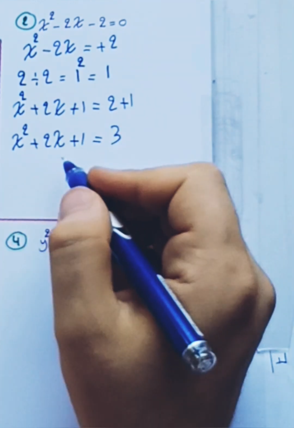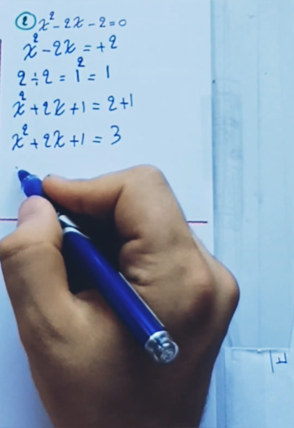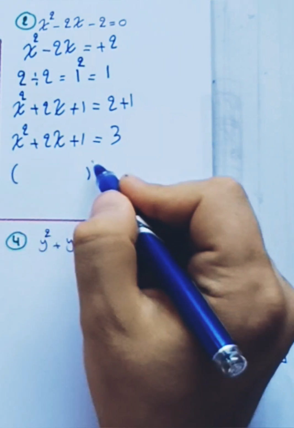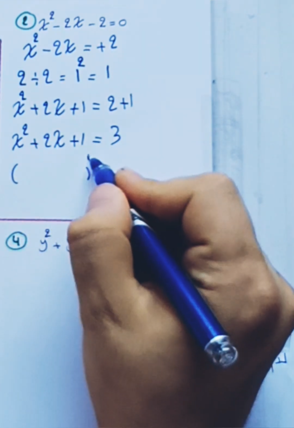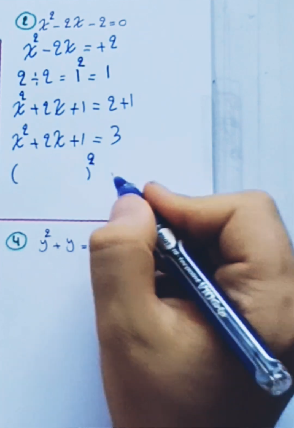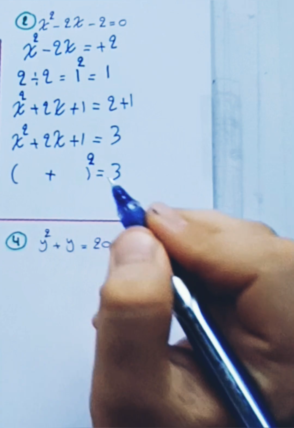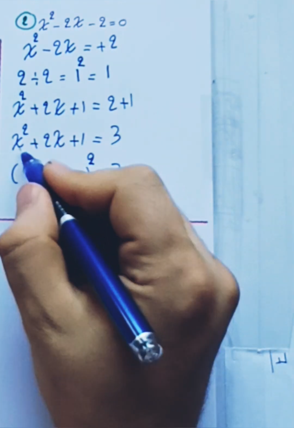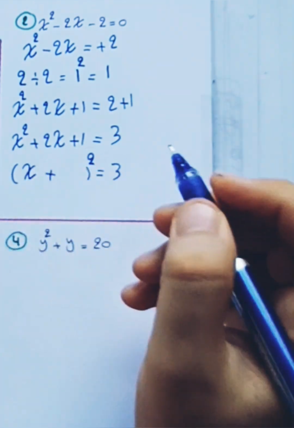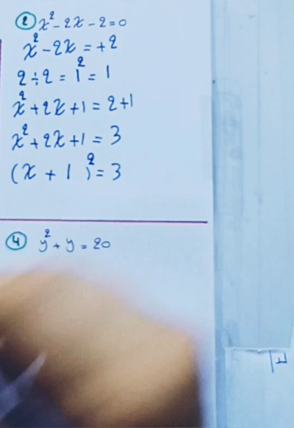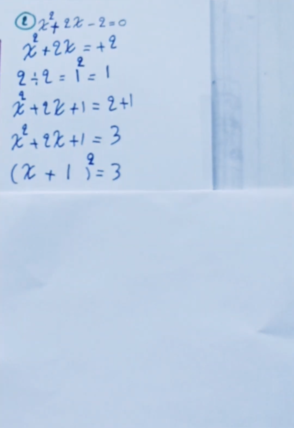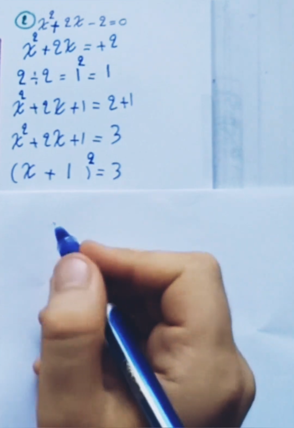Now we have a perfect square. We can use the perfect square rule. We have to draw a parenthesis, and then we have to write 2 over the parenthesis equal to 3, and then we have to add inside the parenthesis, and then x squared comes from x times x, and 1 comes from 1 multiplied by 1. After that, you have to take the square root of both sides.